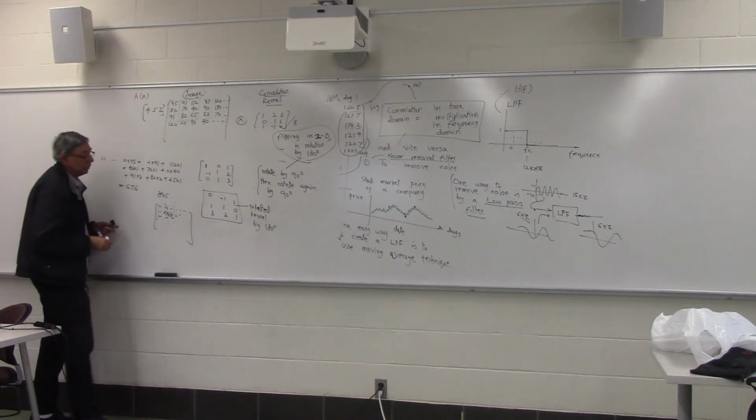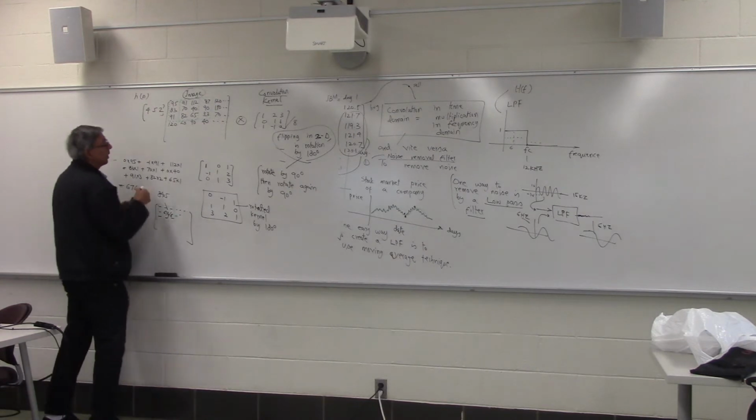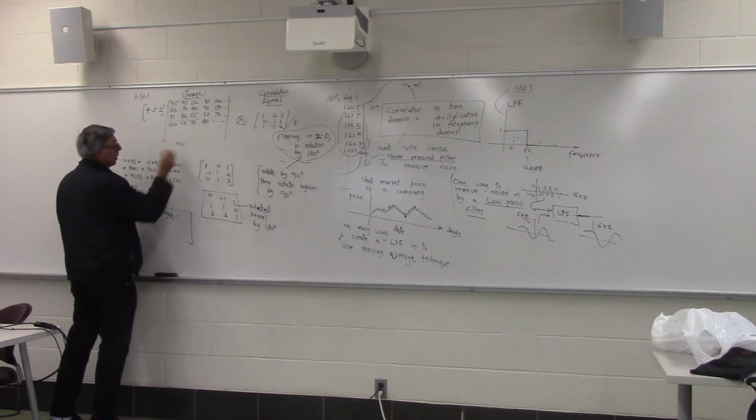Next to the 676 by 8. And what will be that number? That will be 91 multiplied by which value?